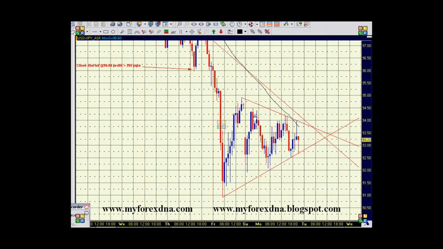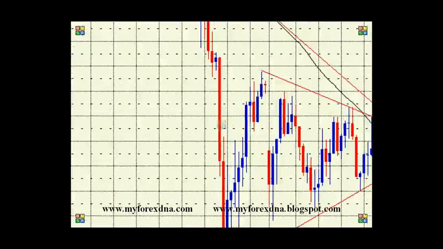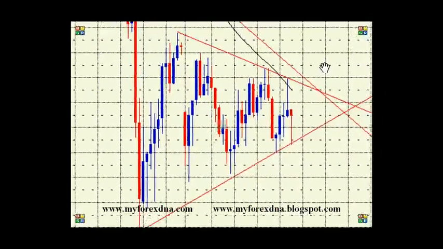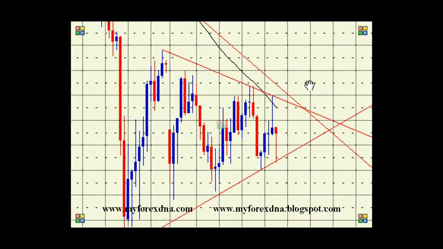Anyway, so right now the markets are kind of consolidating at the moment, and I'm not quite sure exactly where the markets are headed. So as you can see over here, there is a likelihood that there'll be a breakout on the Japanese USD pair.